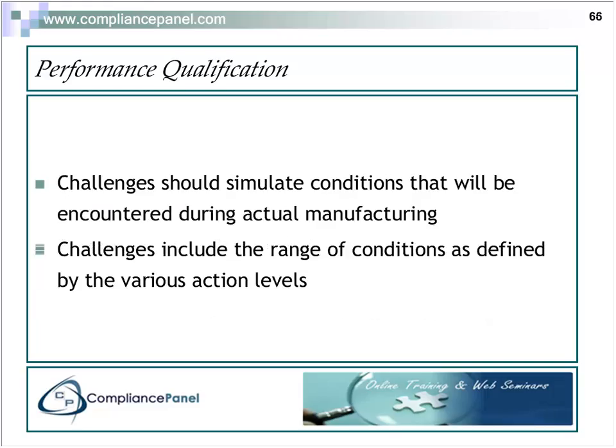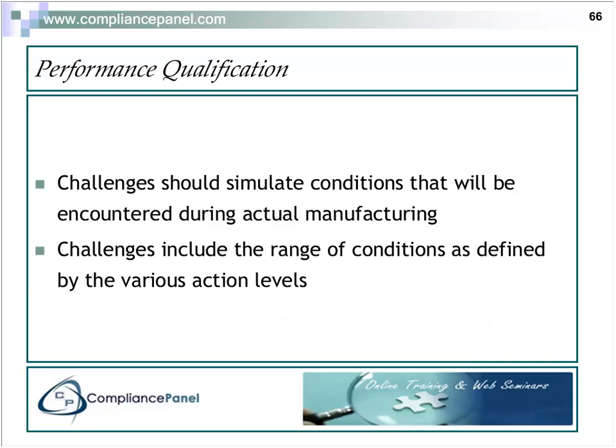Our challenges: we need to simulate any conditions that would be encountered during actual manufacturing. So if we're doing this in a facility that is not the actual manufacturing facility, then that could change the conditions here and affect it. So we always want to perform this phase in the actual manufacturing facility.